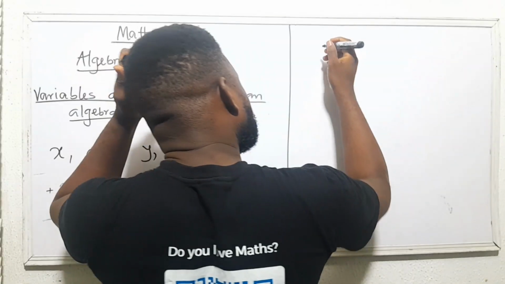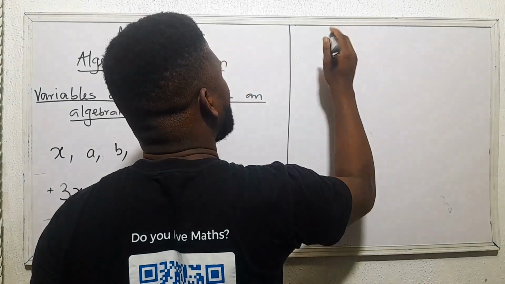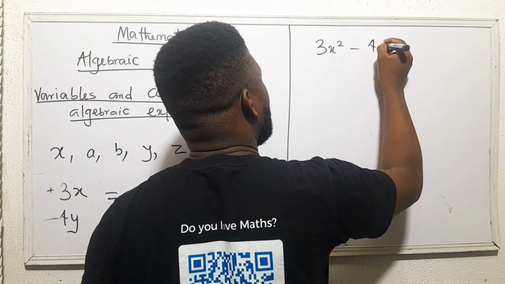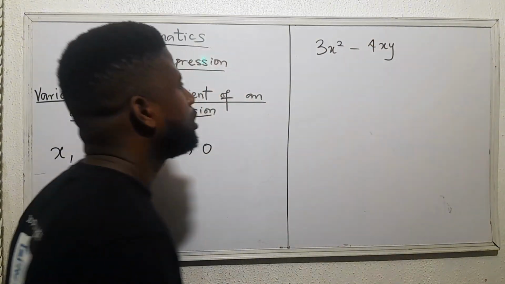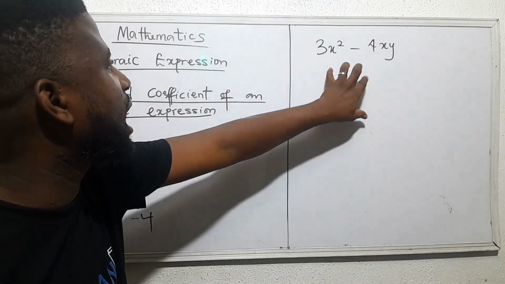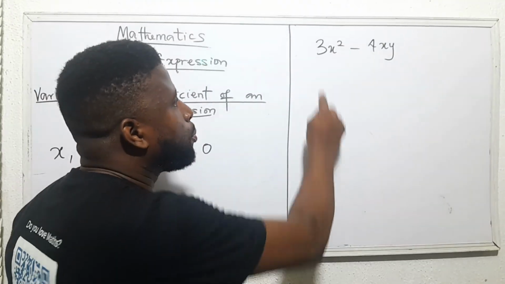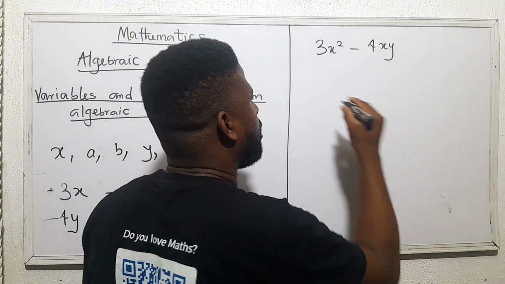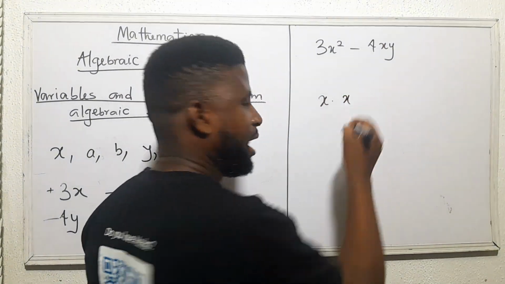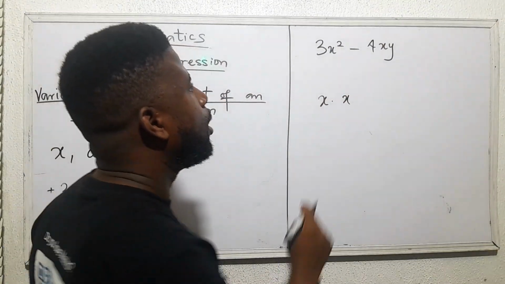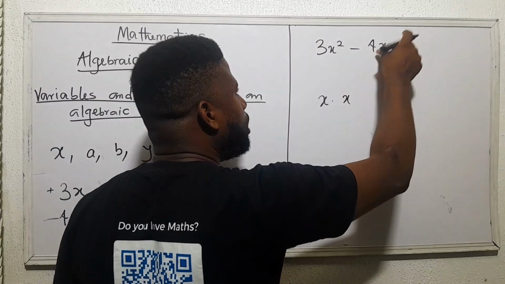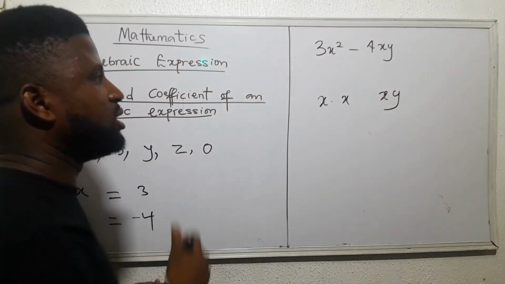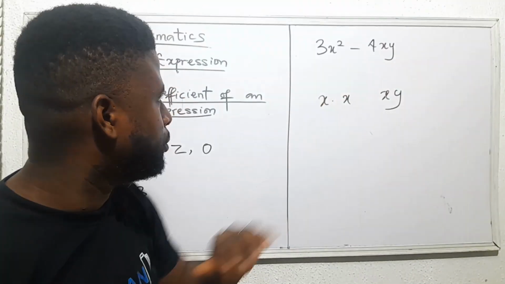So if I have, for example, 3x squared minus 4xy, now if you look at this, we have the group of variables x squared. This x squared is made up of two variables, x and x, so it's a group of variables. We also have the group of variables xy, so we have x and y, which makes up this group.